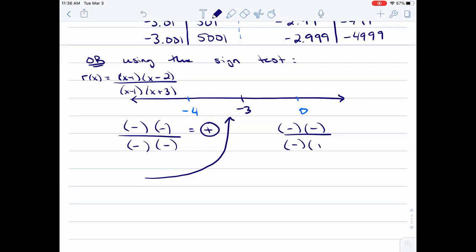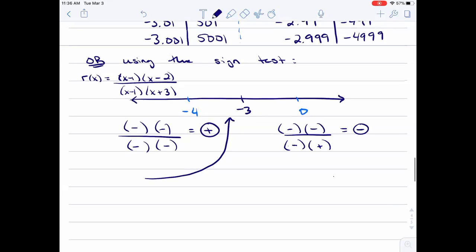And 0 plus 3 is positive. Negative times a negative is positive. Divided by a negative, though, gives us that negative that we found earlier. And so here it means we're going this way.